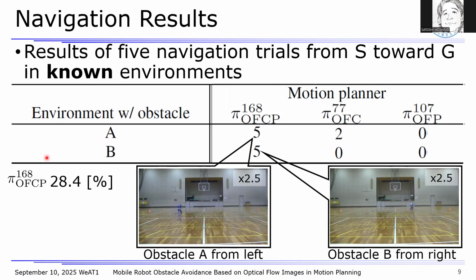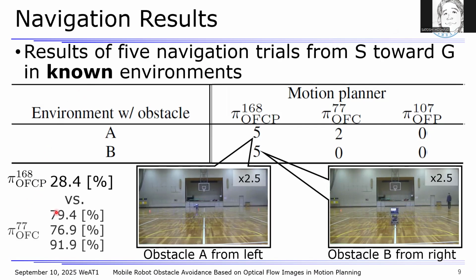On the other hand, the ratios of the optical flow cropped images were 79, 76, and 91% for the left, center, and right images, respectively. As a result, the convolutional filters of the motion planner 168 were more correctly optimized, and this enabled the robot to successfully avoid obstacles.